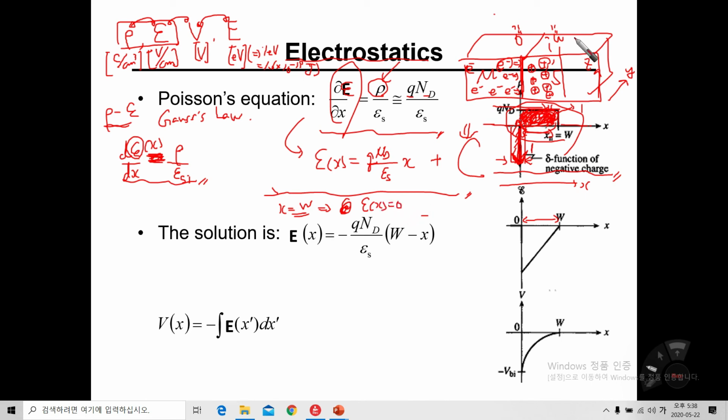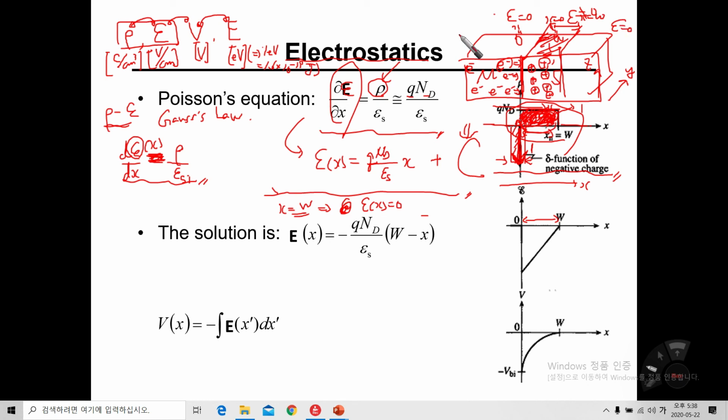In other words, in the regime from x of 0 to x of W, the electric field is not 0. Otherwise, the electric field is 0. If I go back to the previous slide, all of my notes in this slide would be lost, just in case.